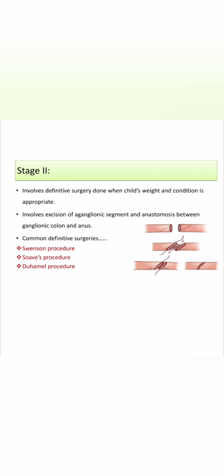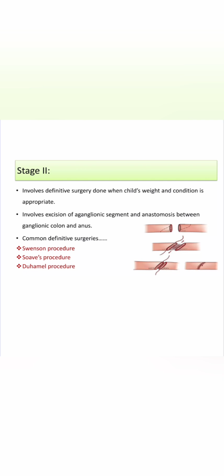So next, stage 2. Here we do 3 types of surgery. The first one is the Swenson operation, or abdominoperitoneal pull through. The second one is the Duhamel operation, or retrorectal transanal pull through. And the third one is the Soave operation, or endorectal pull through. These are the surgical interventions we have to do.